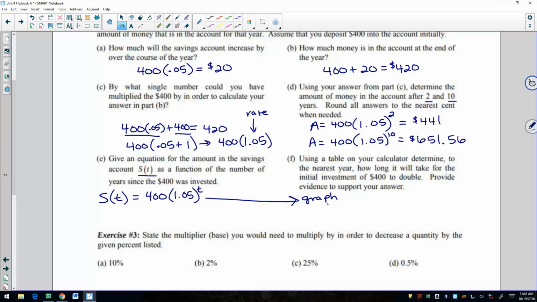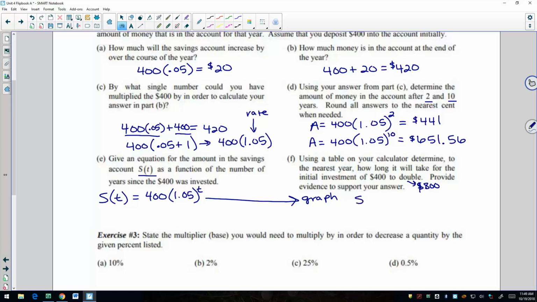When you graph it, they want you to figure out to the nearest whole year how long it will take for the initial investment to double. So 400 to double, that would be how long until you get $800. So you're just going to start looking at all of your inputs, your X's or your T's, whatever you call them, and find when you hit 800.